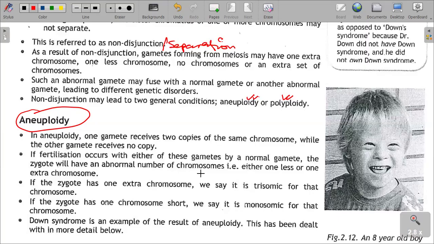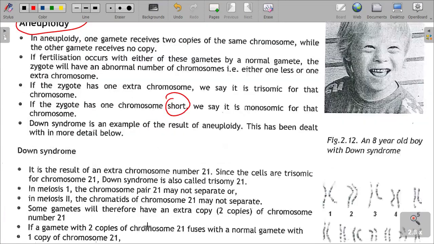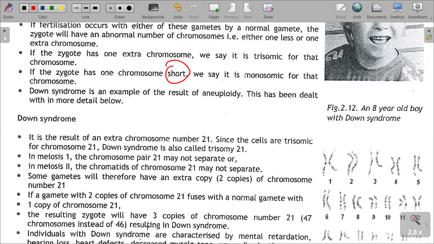If the gamete is one chromosome short, it is called monosomic for that chromosome. And then Down syndrome is an example of the result of aneuploidy. This has been dealt with in more detail, as you can see below. We are going to talk about that.